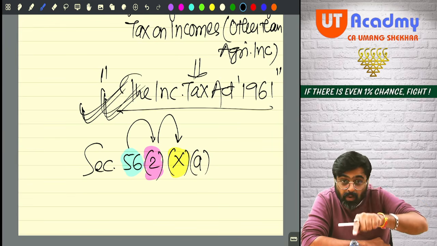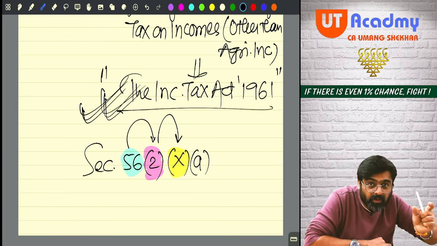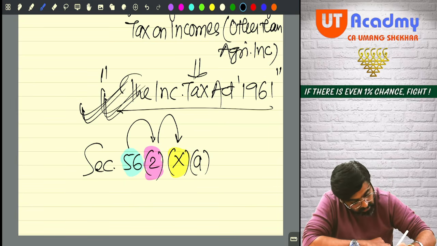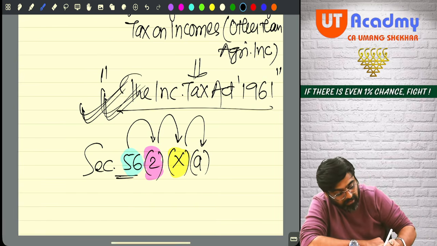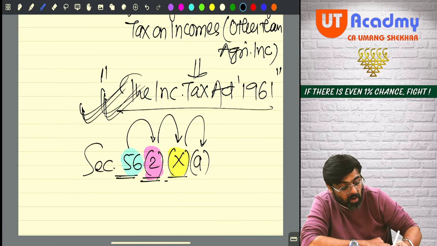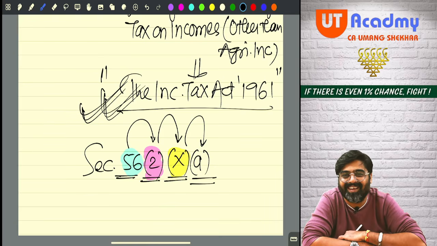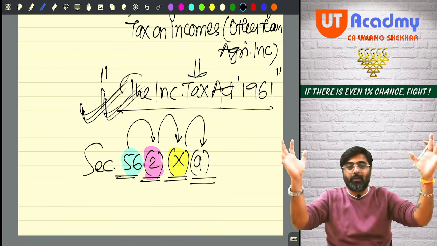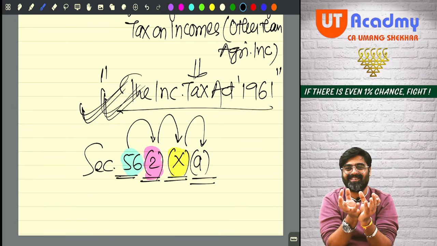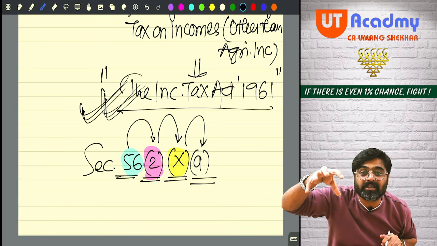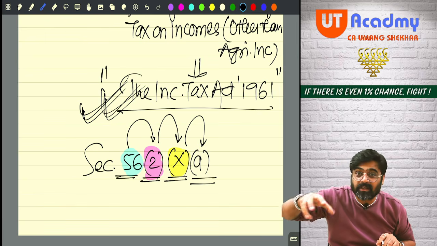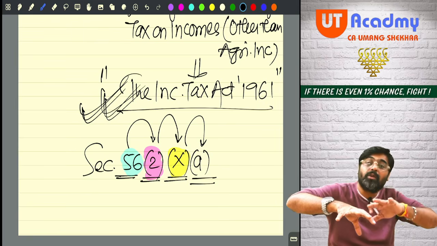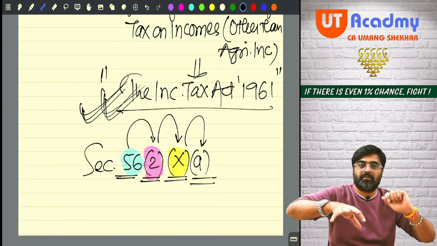And in that clause also, if there are small parts, that is known as subclause. So this is section 56, subsection 2, clause 10, subclause A. Getting my point? So how many sections? 298 sections. In certain sections, you will see subsections also. In certain sections, under the subsection, you will see clauses also.